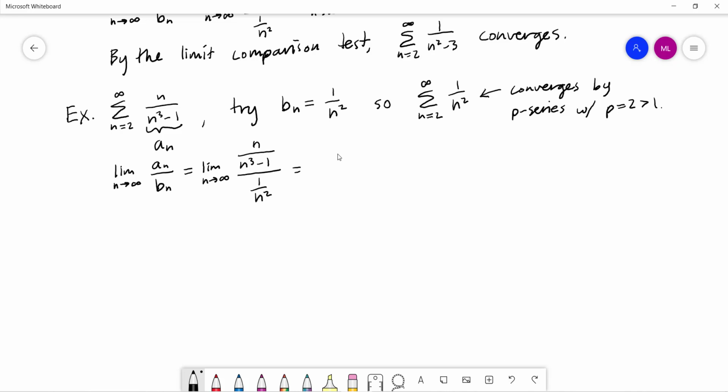If we turn this fraction divided by a fraction into a fraction times the reciprocal of the other fraction, we get the limit as n goes to infinity of n over n cubed minus 1 times n squared over 1, which is the limit as n goes to infinity of n cubed over n cubed minus 1.